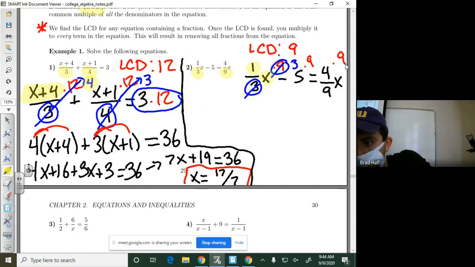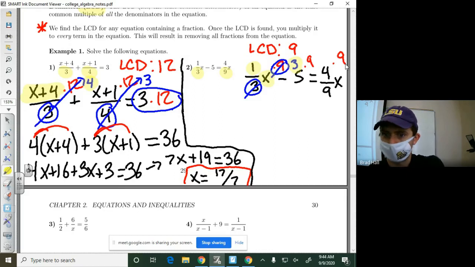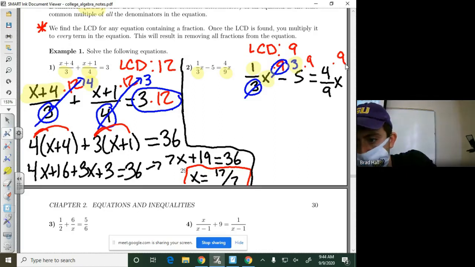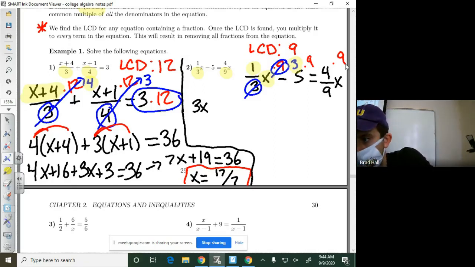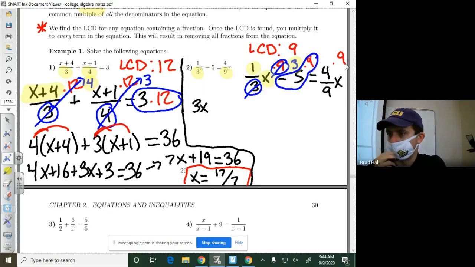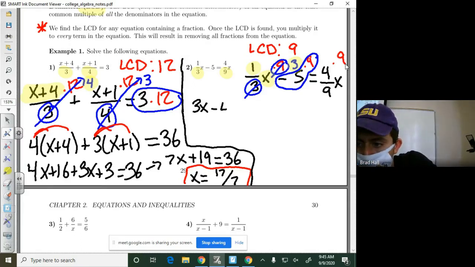See a 1 times an x times a 3. So that's 3x. The next one is pretty straightforward. It's -5 times 9, which is -45, minus 45.